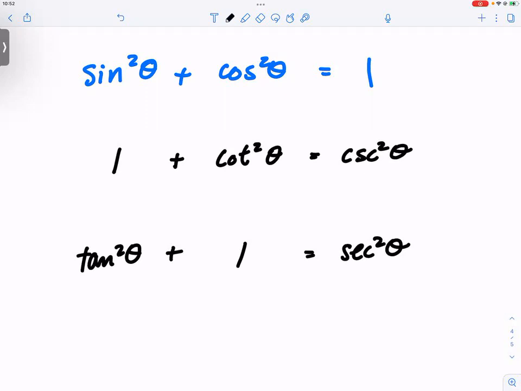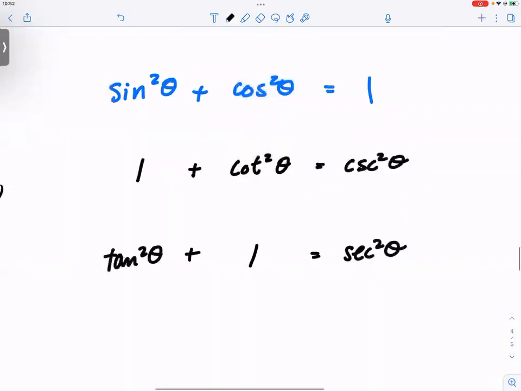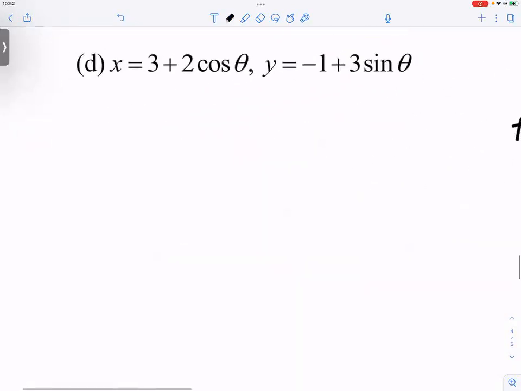The method to get them is more important than firmly memorizing these two. I think the first one is kind of easy. Everyone got it. Okay, so will they be useful? We shall see.